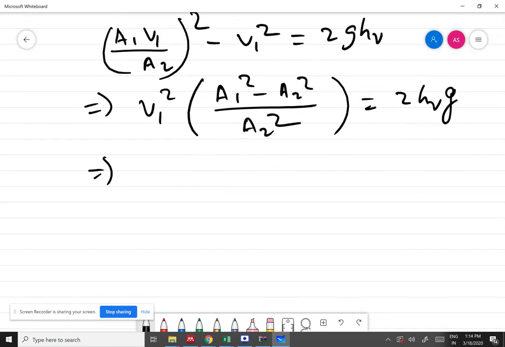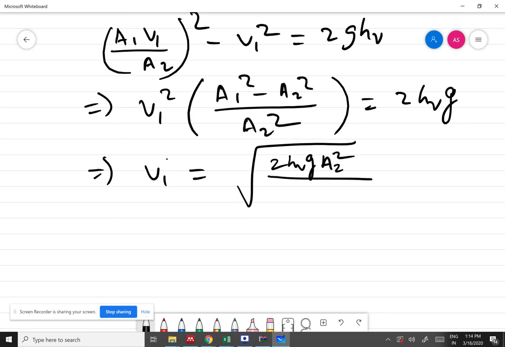That implies V1 is equal to the square root of 2 hv g A2 square divided by A1 square minus A2 square. Okay, so this is the formula for finding out the velocity V1.